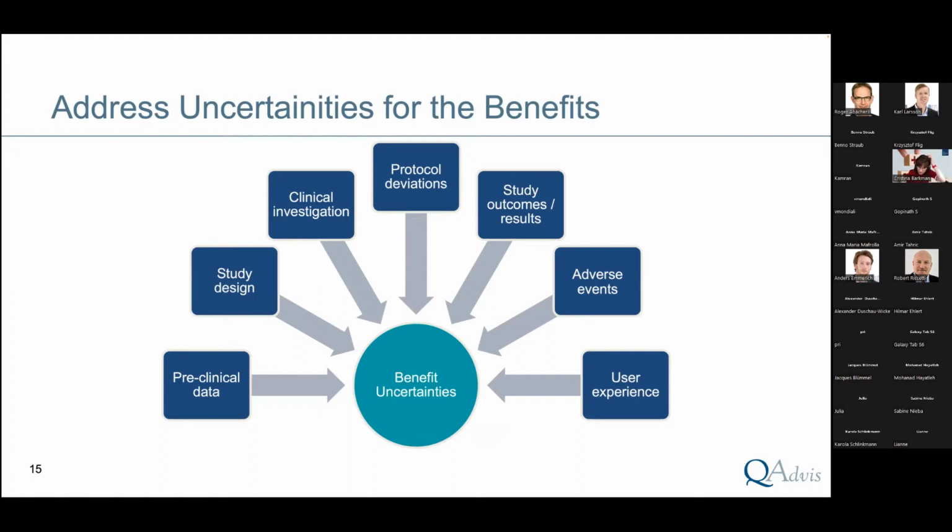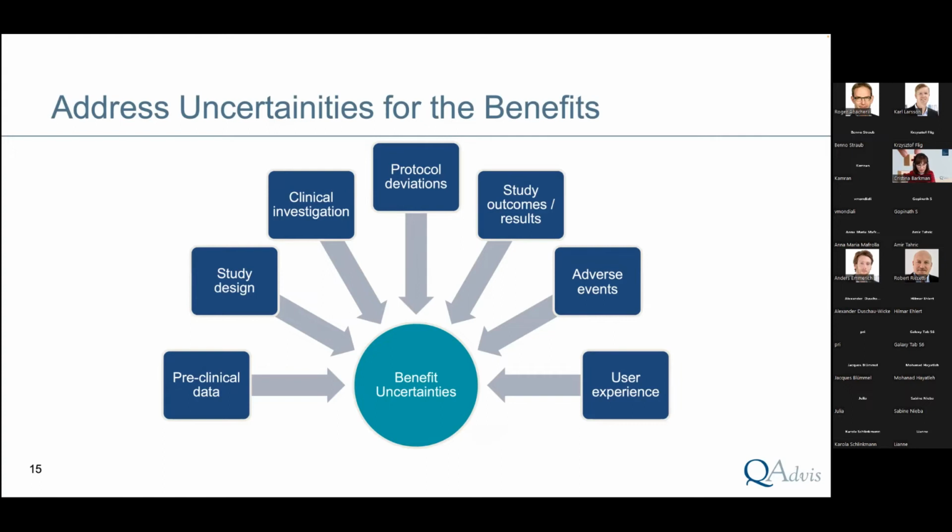And these uncertainties may be related to, for example, unclear correlation between non-clinical data, different tests that you've been doing in the verification and validation of the device phase, and modeling that you have done, and clinical performance.